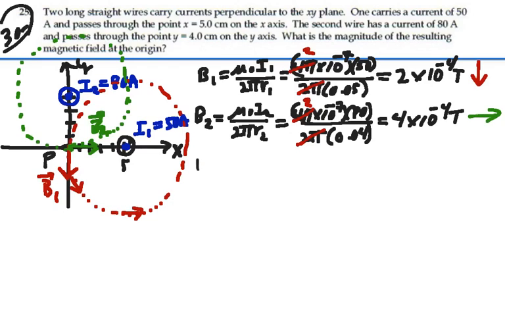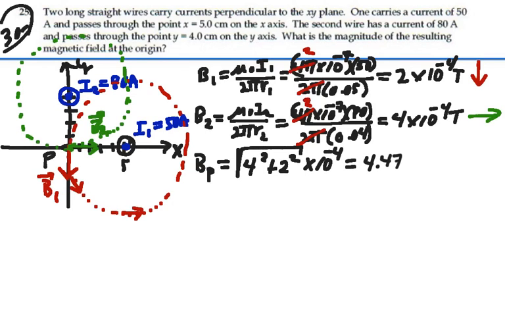So our net magnetic field at point P is going to be the vector sum of these two, and we're going to have the square root of 4 squared plus 2 squared times 10 to the minus 4 Tesla, and that is equal to the square root of 20, which is 4.47, times 10 to the minus 4 Tesla, and it'll be going down at an angle like that from the origin.